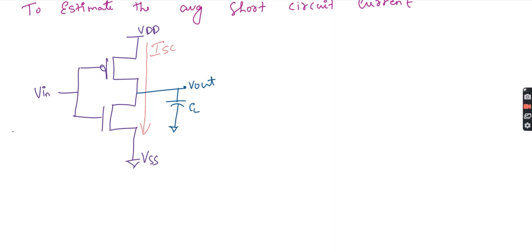When I apply input like this, output I will get like this. This will happen during the rise time and the fall time. We should know what the rise time and the fall time are, right? Okay, let me put.